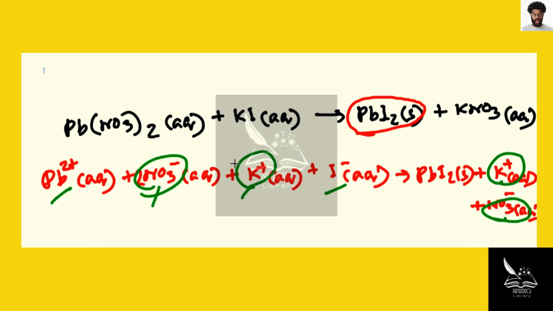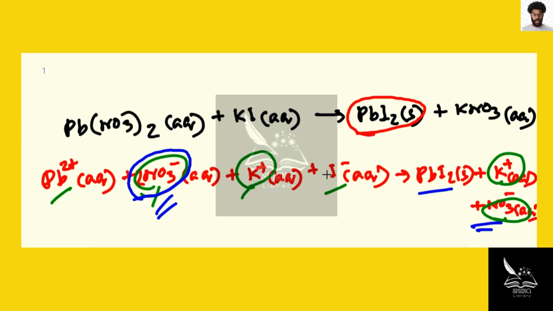In a precipitation reaction, the ions that cannot form an insoluble ionic compound in any kind of reaction will basically be the spectator ions. For example, here we have nitrate. All nitrate compounds are soluble in aqueous solution. That means nitrate will never form an insoluble compound like this, and it will always remain as an ion on both sides of the reaction.